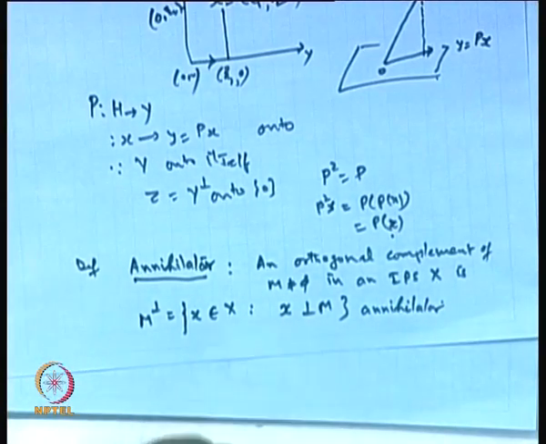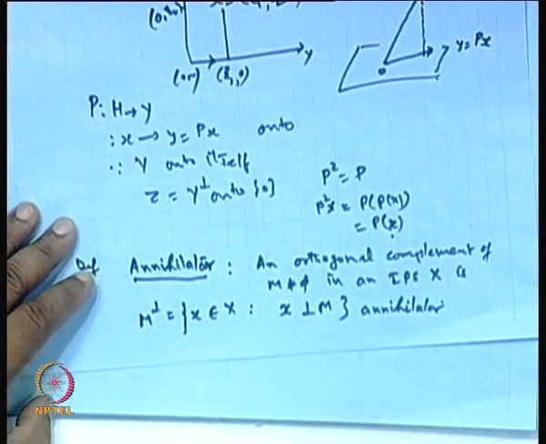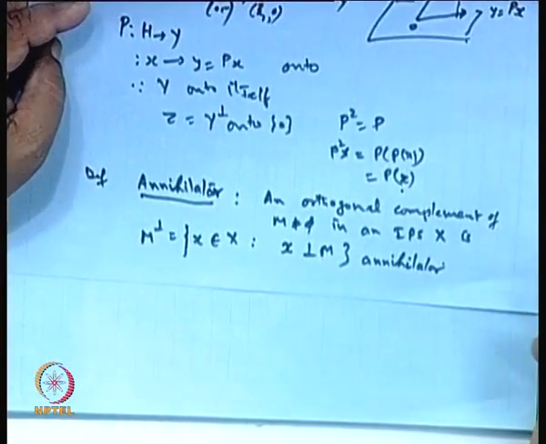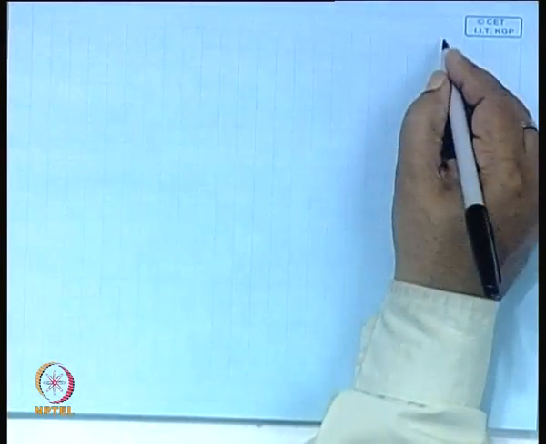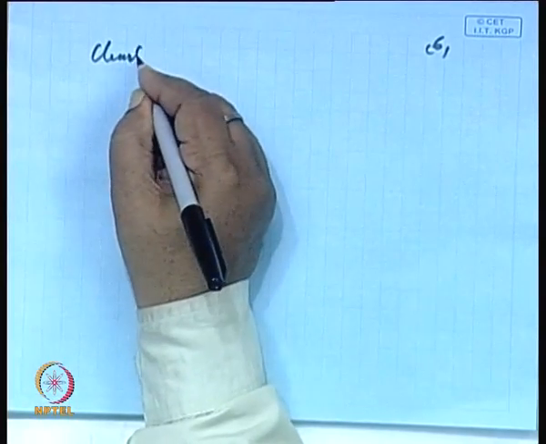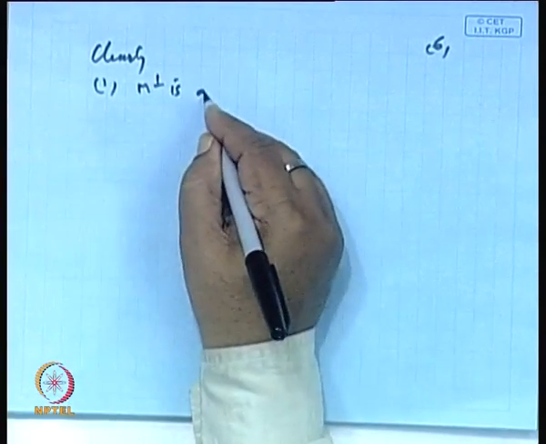A special name is given: the orthogonal complement in an inner product space, we call it M perpendicular, also called the annihilator. And this annihilator is obviously a subvector space. So clearly M perpendicular is a vector space.